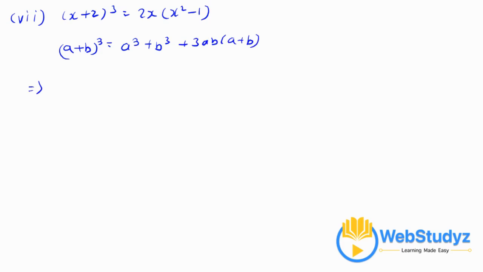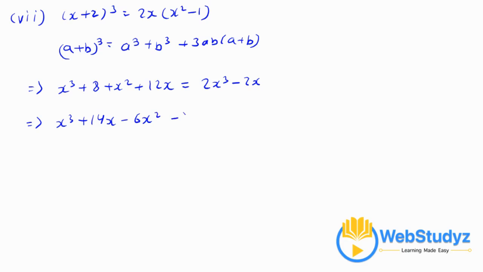If we use this identity here, we get x³ + 8 + 6x² + 12x = 2x³ − 2x. Solving this, we get x³ + 14x − 6x² − 8 = 0.